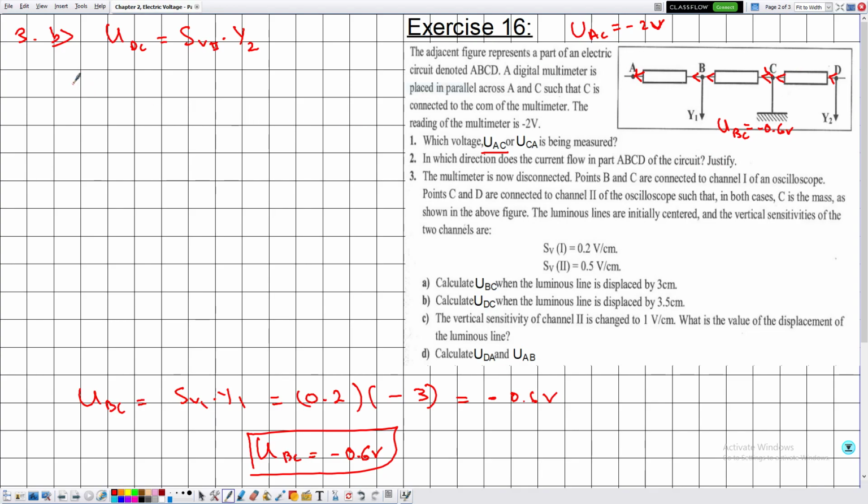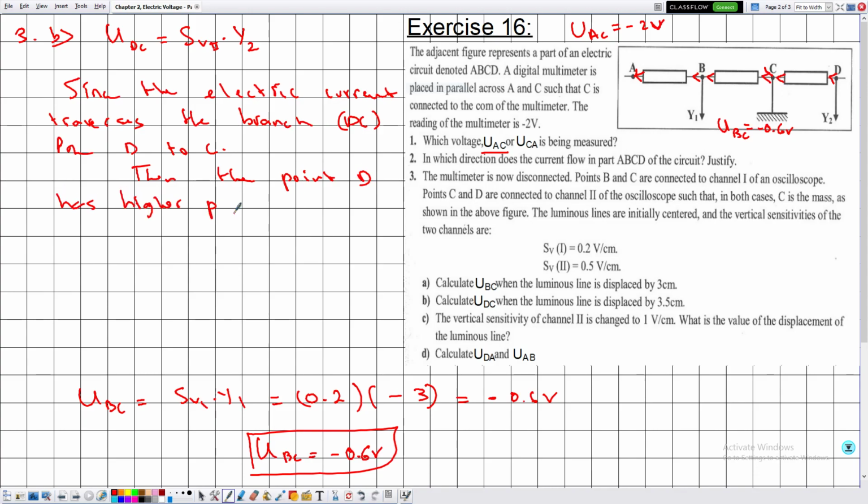So notice that since the electric current traverses the branch DC from D to C, then the point D has higher potential compared to C, which means that VD is greater than VC.